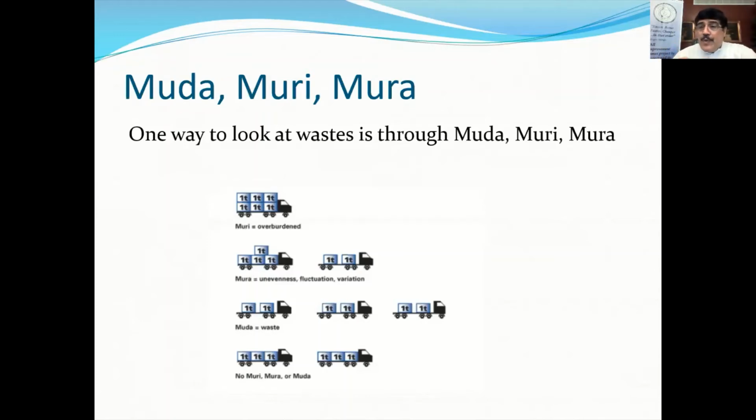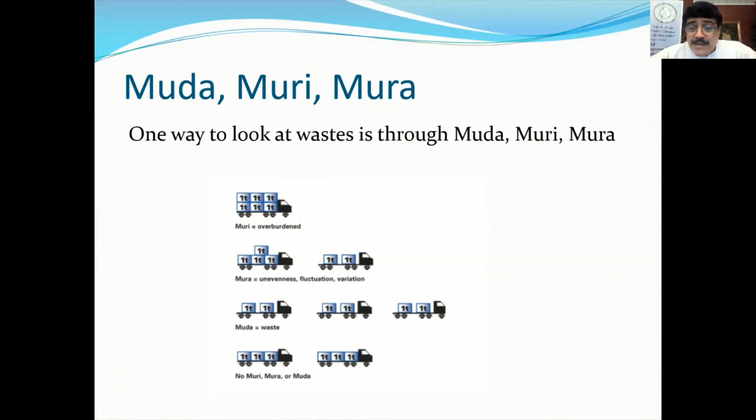While we're talking about waste, there are also 3 Japanese definitions. Because Lean Six Sigma, Lean specifically, started in Japan, a lot of these words come from Japanese. You have Muda, Muri, and Mura.